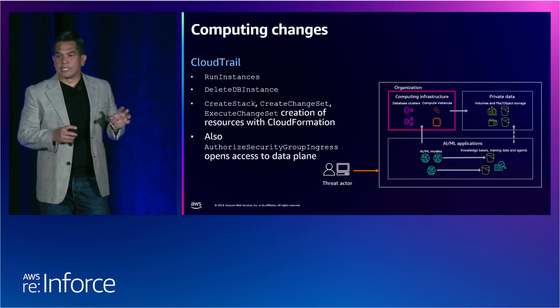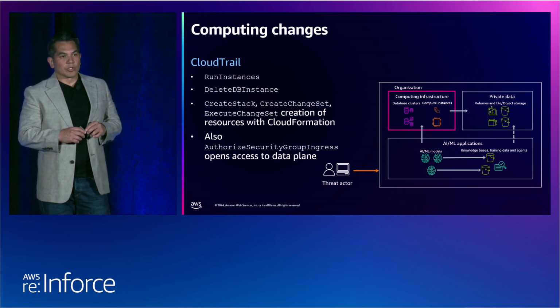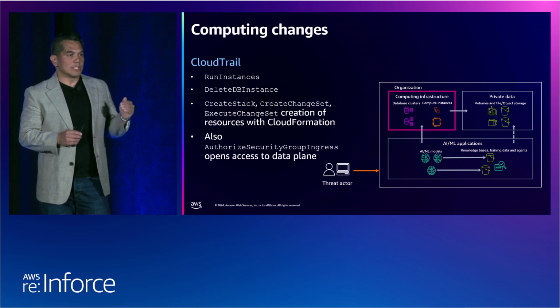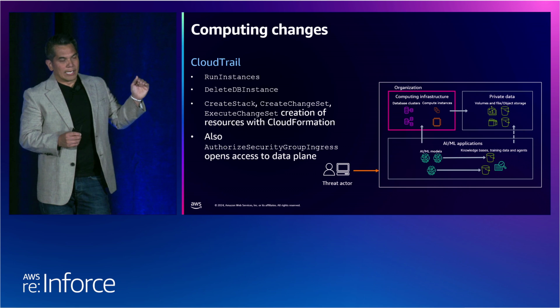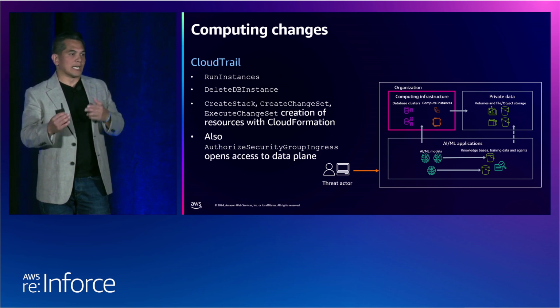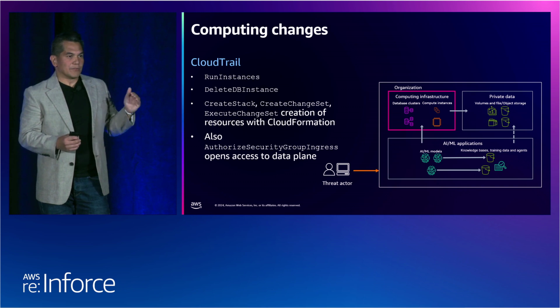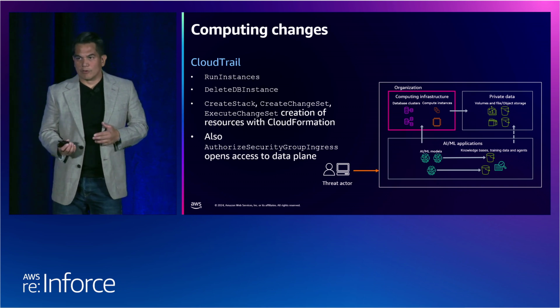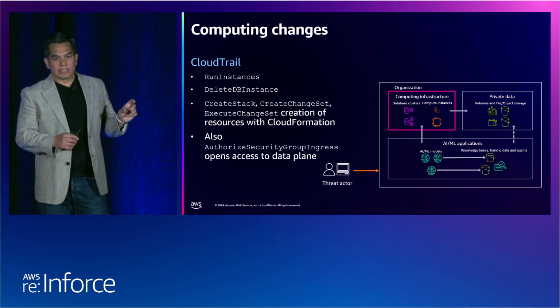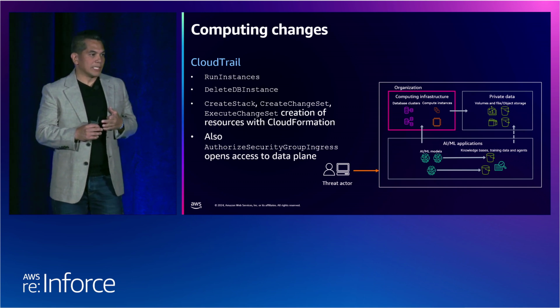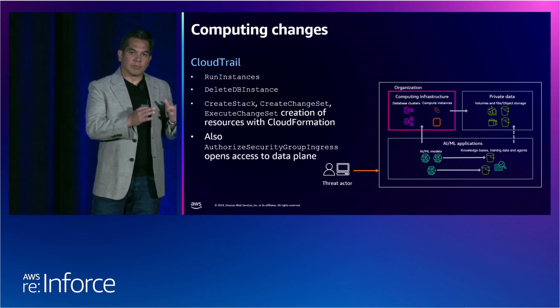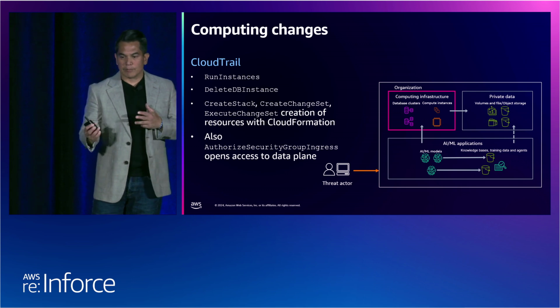Additionally, we've seen AuthorizeSecurityGroupIngress, which is actually a control plane event, but what that does is allow an entity or a user to access the data plane of a resource. So if you ever see that as an incident responder in your environment, you may want to take a look at the actual resource it's applied to, because that could be a sign of the threat actor transitioning from the control plane to the data plane.